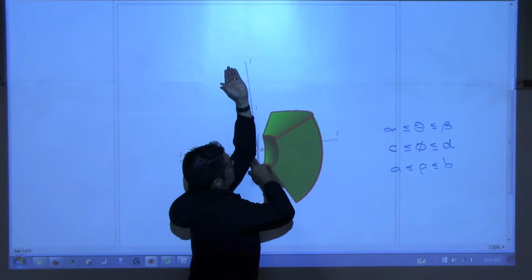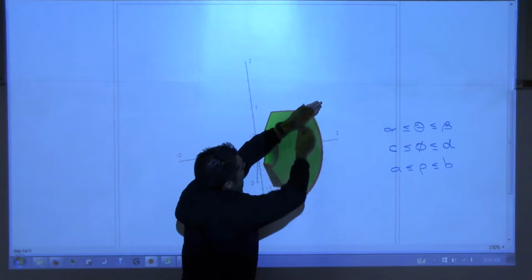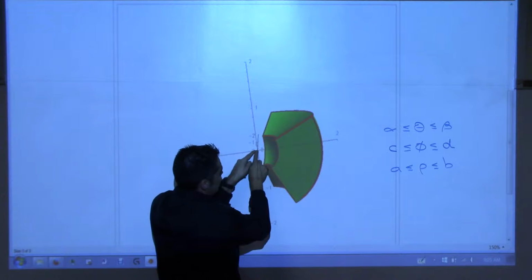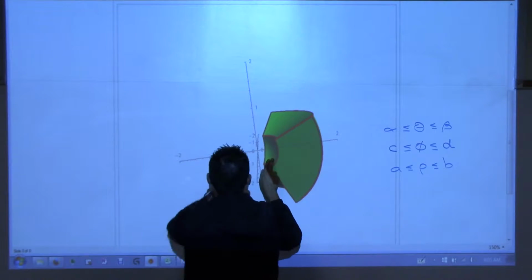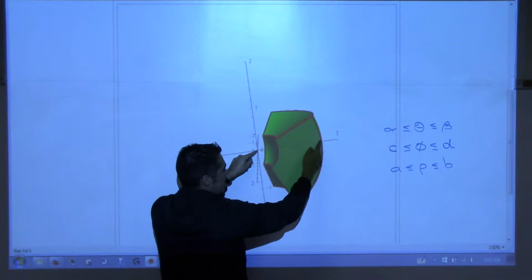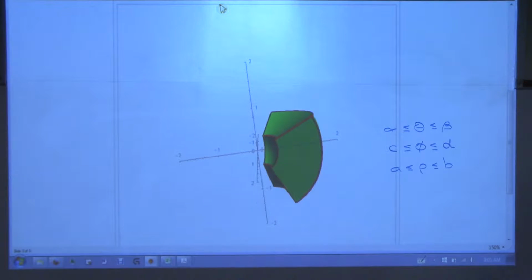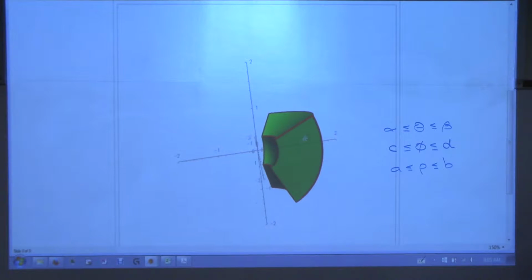So if I'm here, I can swing down, I can swing anywhere in here, and I can walk out only between A and B. So this would be A. So the distance from the origin to any of these points on this little surface here is A. And then anything on that outer edge would be a distance of B, and it's everything in between. So what you get is this weird looking solid shape, three-dimensional solid, which is really like a spherical rectangle. All your variables are stuck between constants.